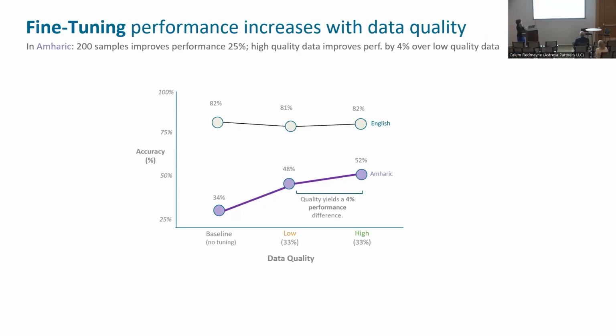In English, we actually don't see the same behavior. This particular model is fine-tuned on the Llama 70B model. And Llama, in this particular version, was entirely trained on English, so it's going to be less sensitive to splits in quality.